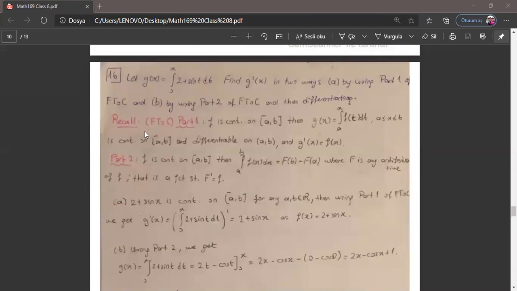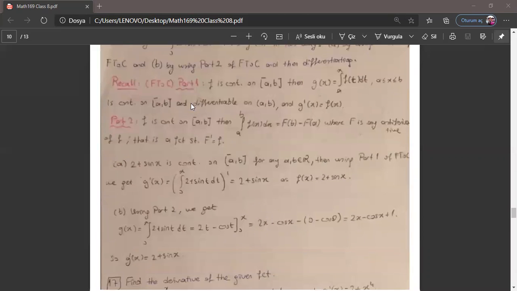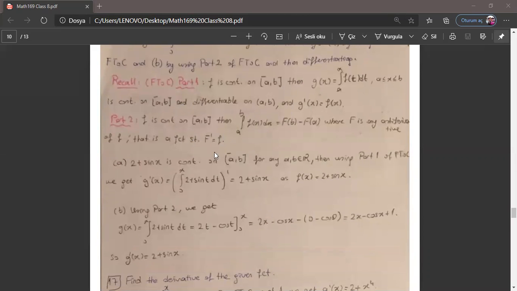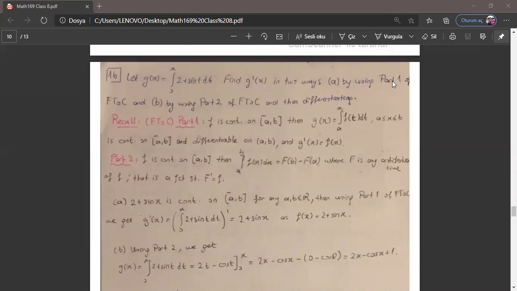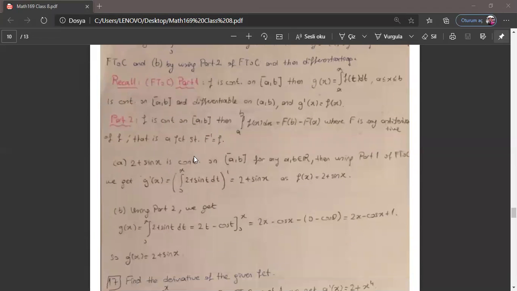Here we recall the fundamental theorem of calculus. So we have two parts of this theorem. Okay, you can read them by yourself. So we're given this function. We will find g prime by using both of the parts. Okay. So if we use the first part, the first part of the question says use the first part of the theorem. So we use it.